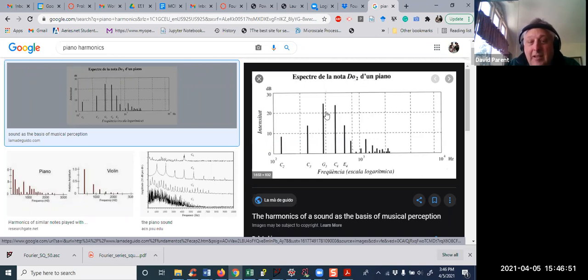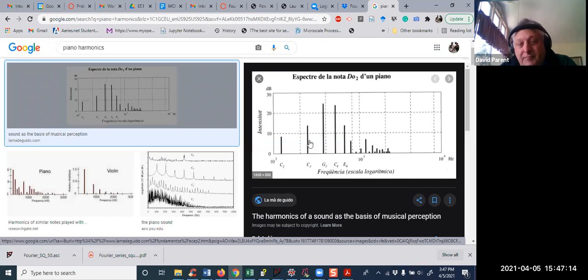And this is intensity, which happens to be in decibels. And so you have the fundamental frequency, and then you have C2, 3, 4, and so on.